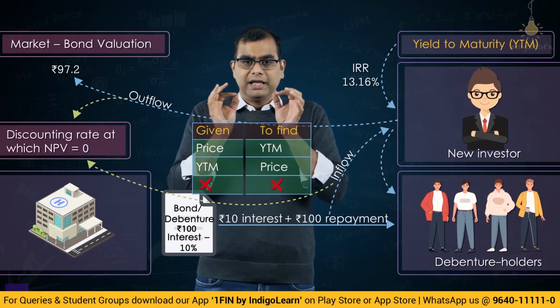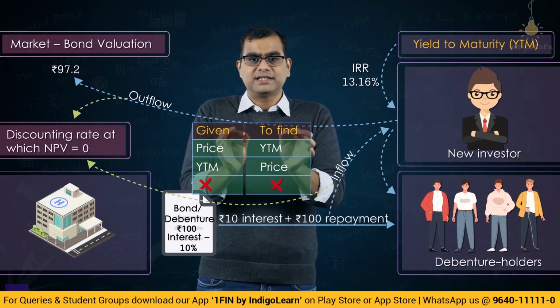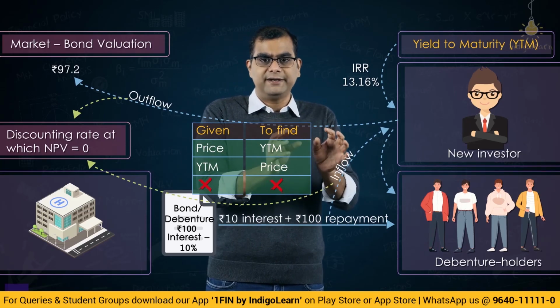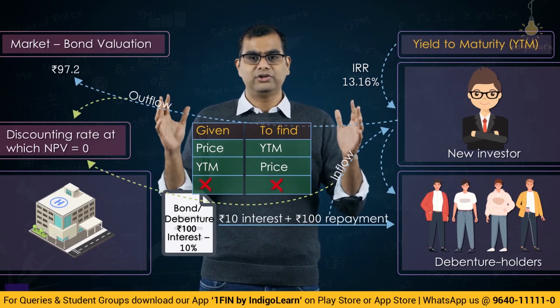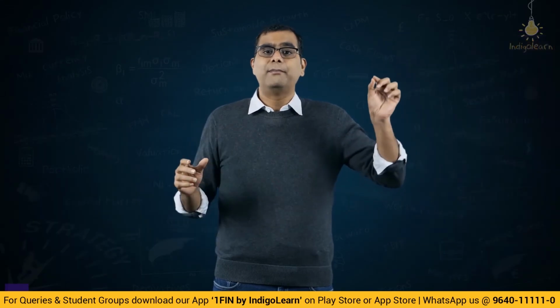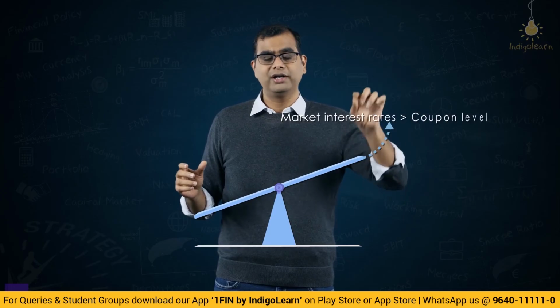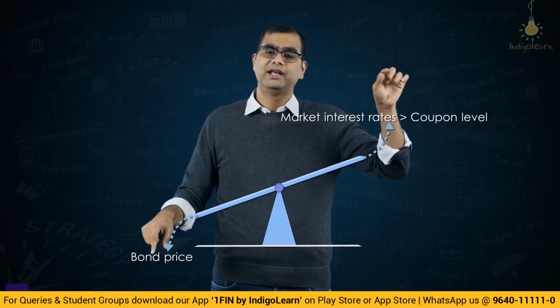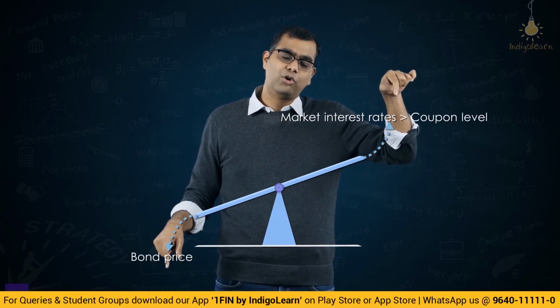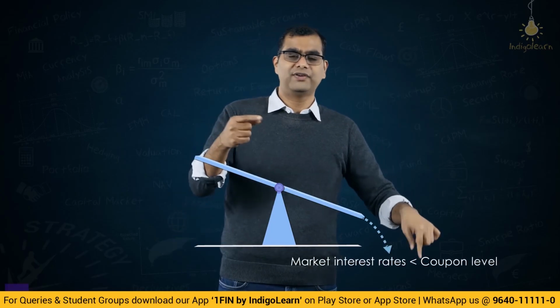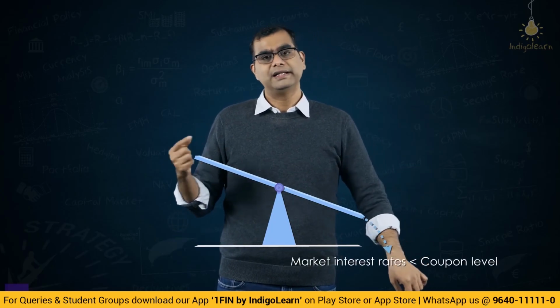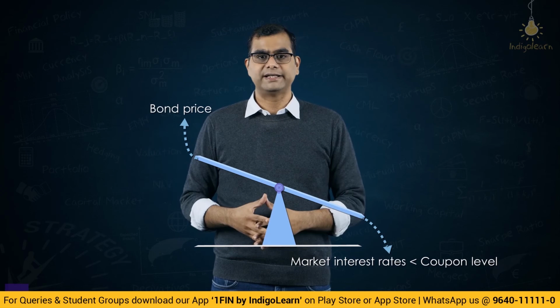Now, if you take this yield to maturity concept aside and look at what we have discussed so far, if the market interest rates go up beyond the coupon level, we said the price comes down. If the market interest rates go below the coupon level, say the coupon is 5 and the market rate comes down to 2, then the price of the bond will increase.